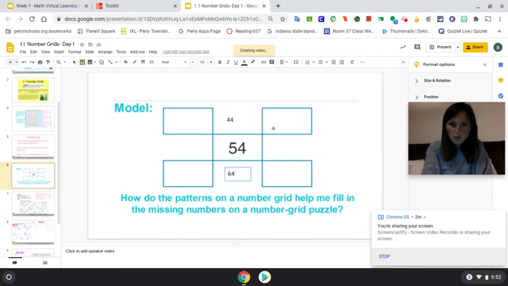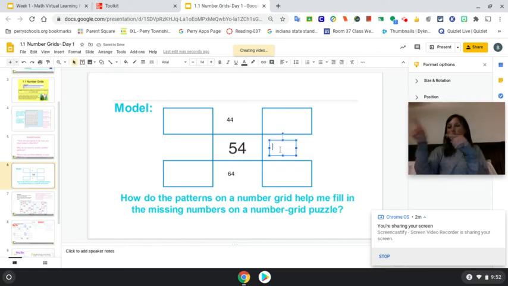Next to 54, when we go side to side, we're counting by ones. Side to side, I'm using one finger. Up and down, I can use both because it's by tens, two digits. By ones, it's only one digit. So I'm going to add one when I go over here to the right, like a book, it gets bigger.